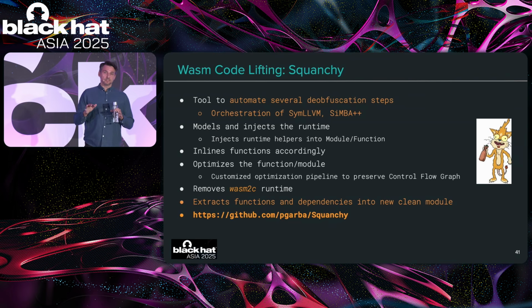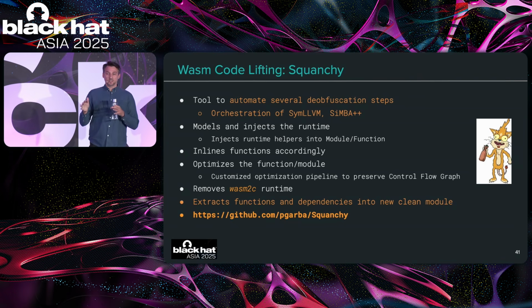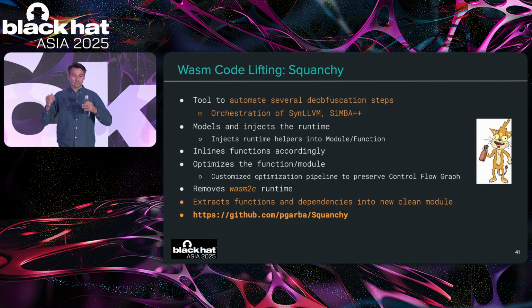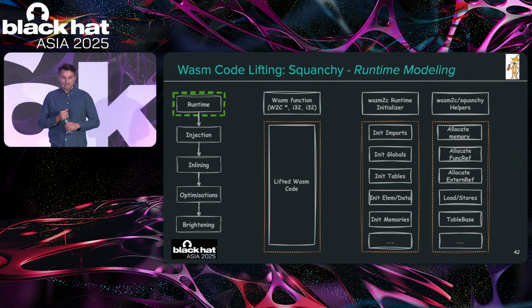Here we also have a customized pipeline that preserves the control flow graph at the beginning, so we can do better analysis, at least at the start. And then when it's done, it's going to remove all the Wasm2C runtime that was injected when you lifted the code, and you get a nice and clean function at the end. So this project will be open source after the conference.